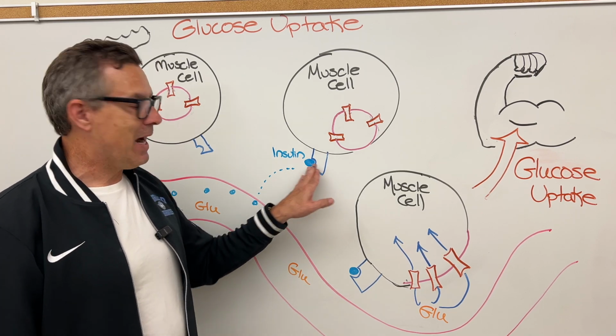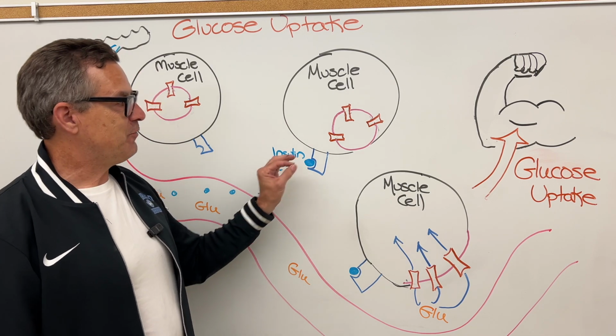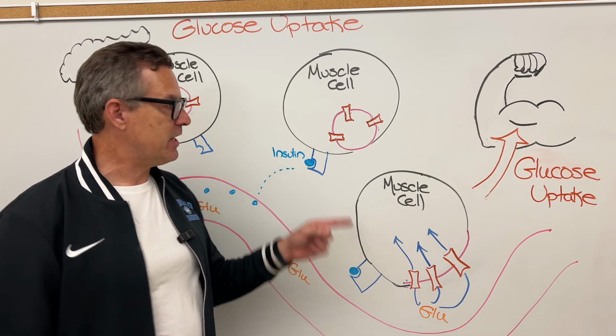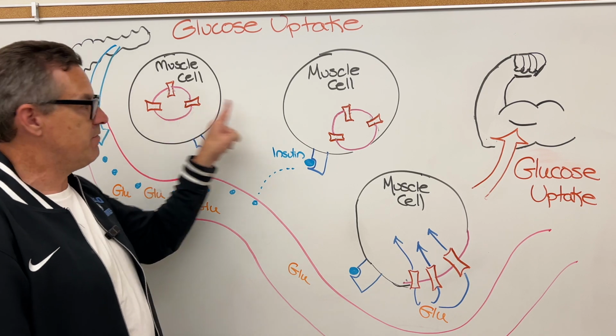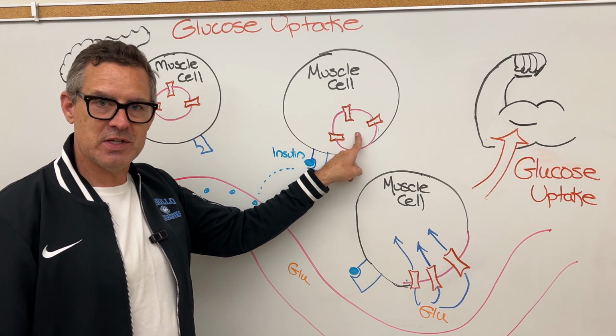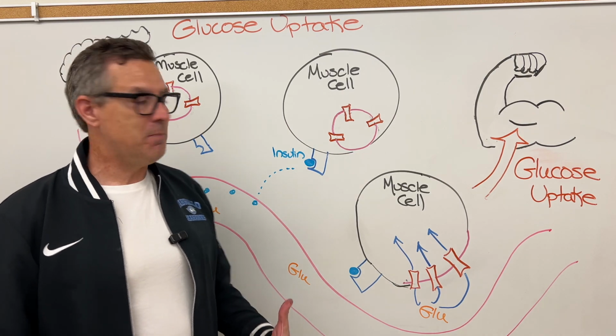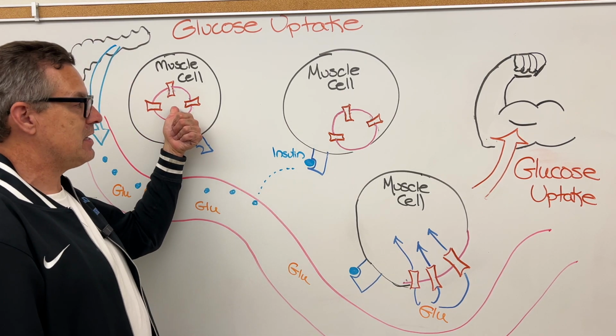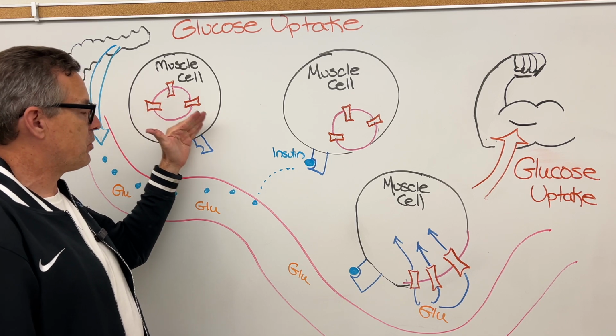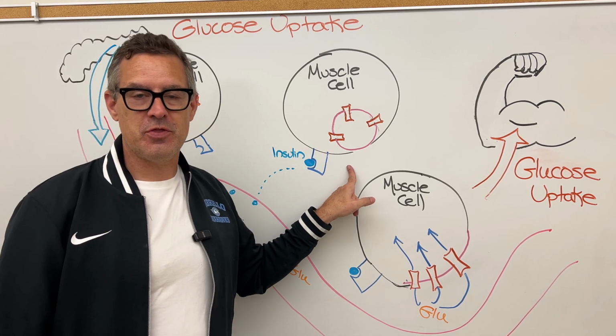Once insulin binds to this receptor, it's facilitating the process of exocytosis of this secretory vesicle to the periphery of the cell. To be clear, it's exocytosis only because this vesicle right here is moving to the periphery and fusing with the cell membrane.